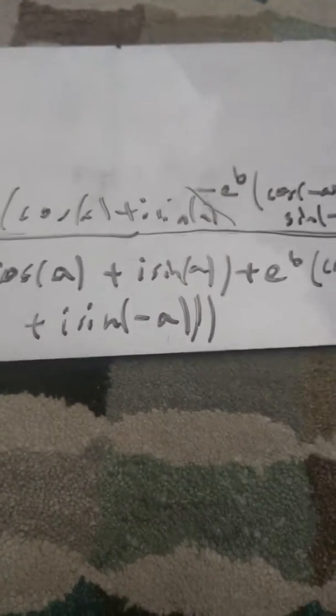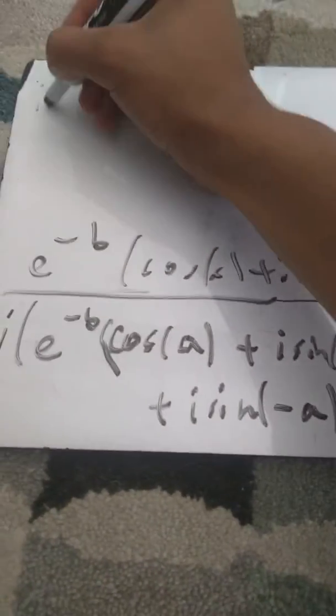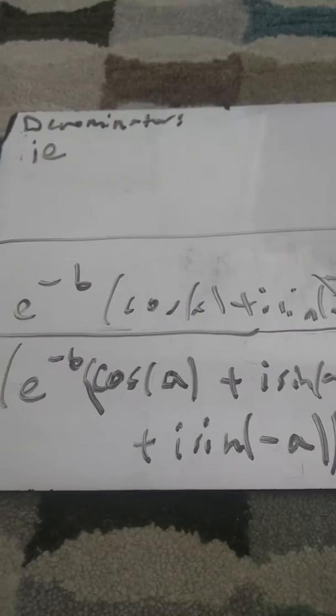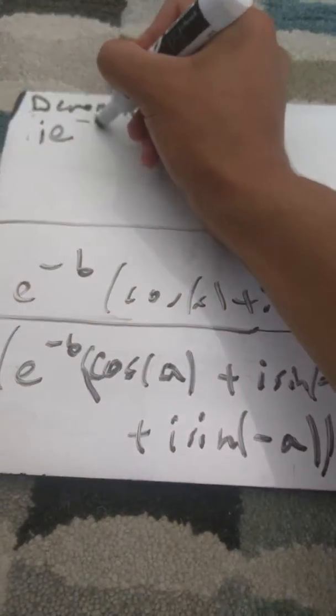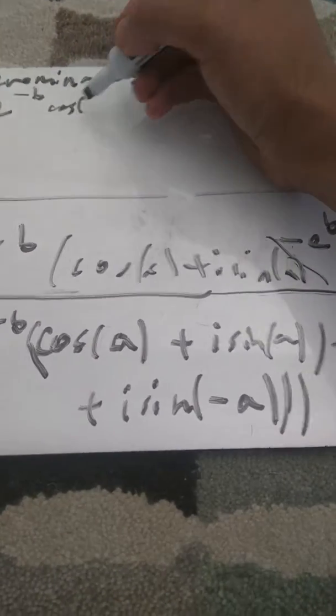So now, we'll just work on the denominator. We have i times e to the negative b cosine of a.